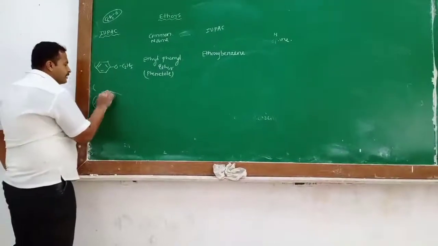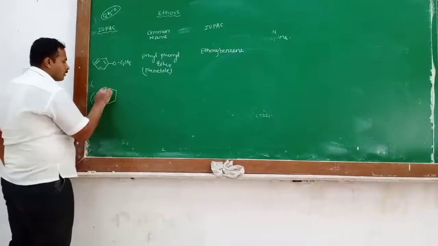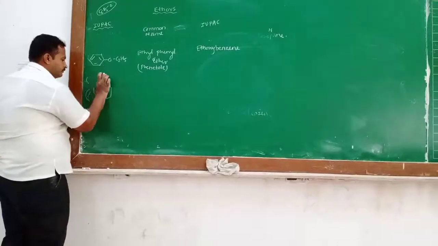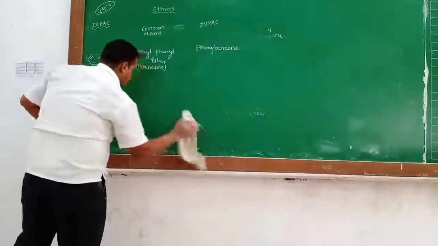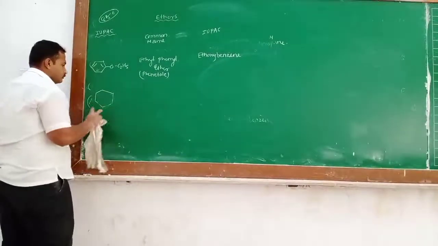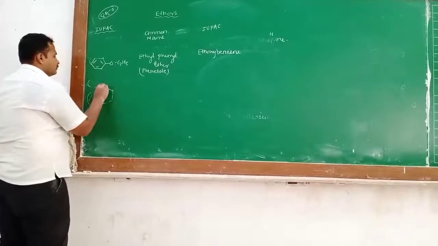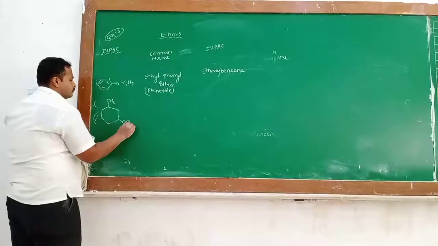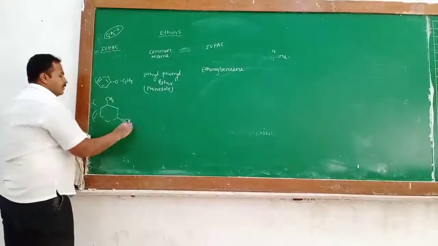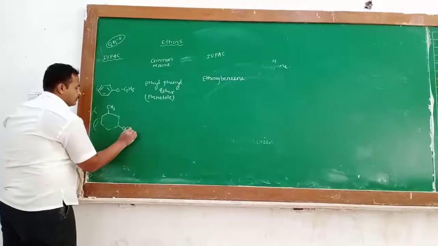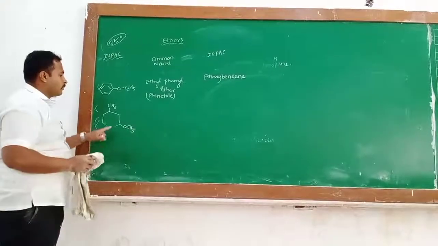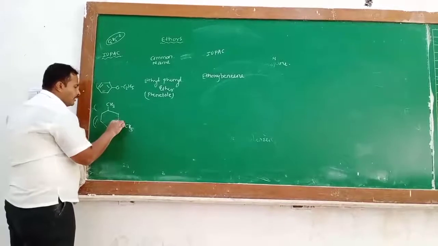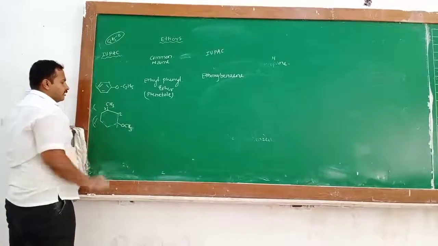We can take another example, not benzene. Tell me the name of the compound. Numbering starts from 1, 2, 3.